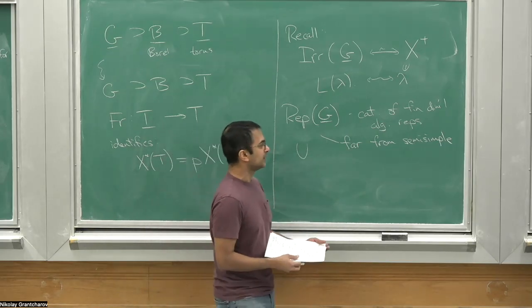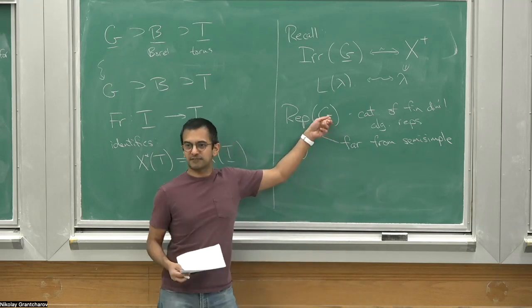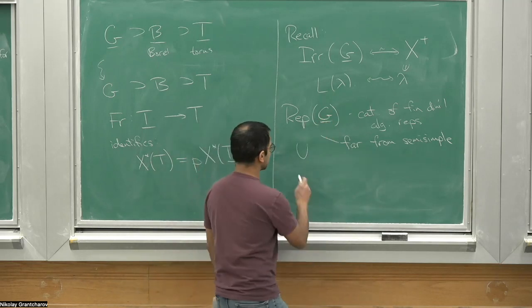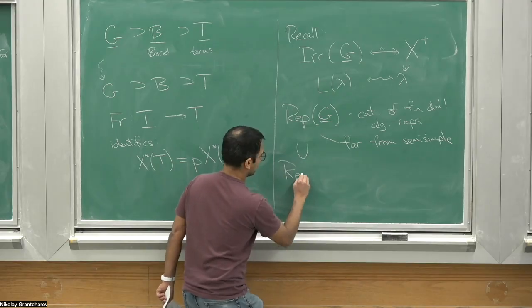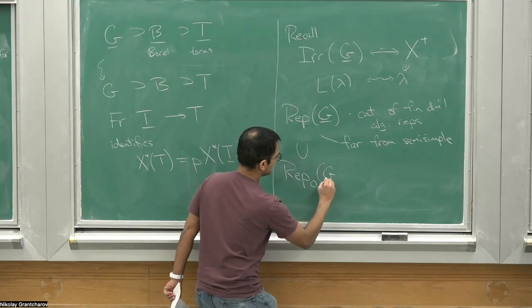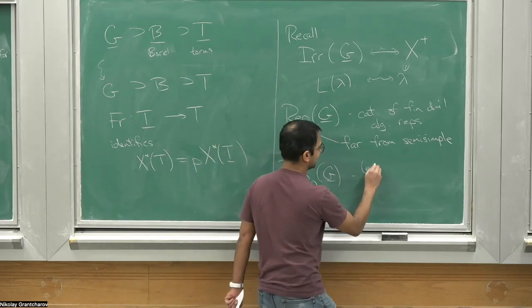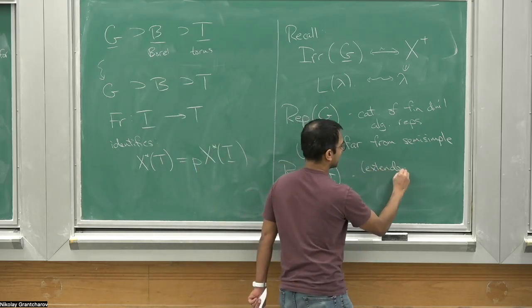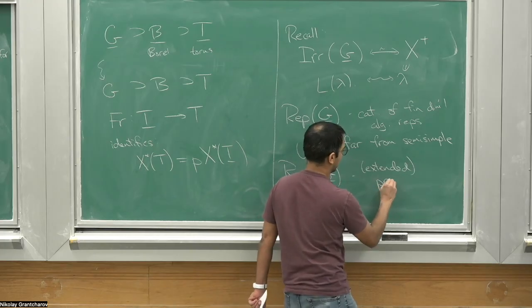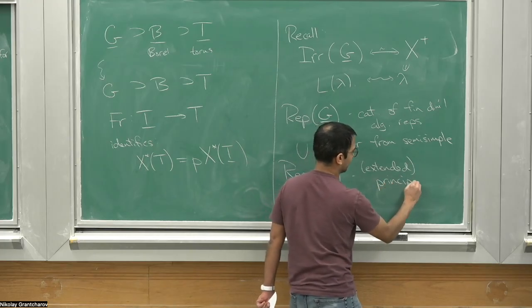It turns out that you can reduce a lot of questions about arbitrary finite dimensional representations to those in a certain subcategory, which is called rep 0 G underline. And this is called, I'm going to put the word extended in parentheses, the extended principal block, and I'll explain what it is on the next board.